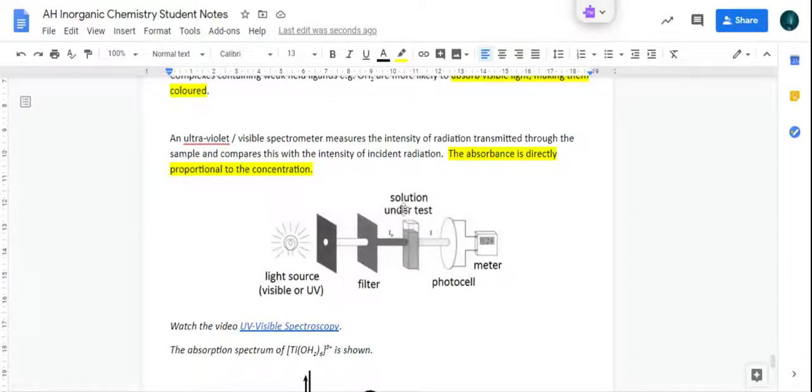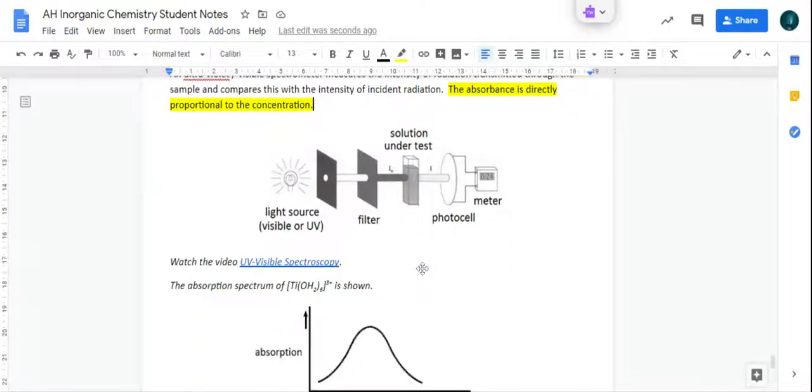The intensity of the light passing through with no sample there is measured, and then the intensity with the sample there. The difference between those gives you the absorbance. As the concentration of your substance increases, the absorbance will increase, so we can use it to determine the concentration of a substance.